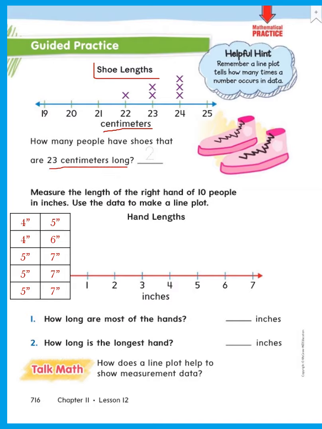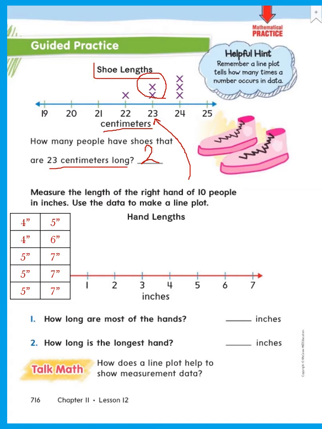Well, we find the number 23, and we count the X's, and we can see that there are 2 there, and that's our answer. Okay, so a long time ago when we did line plots and tallies and charts, and we were getting our data all organized, just like we used to do with arrays, we're bringing that back and we're going to answer questions about it.